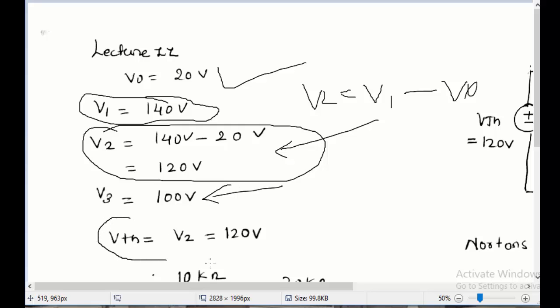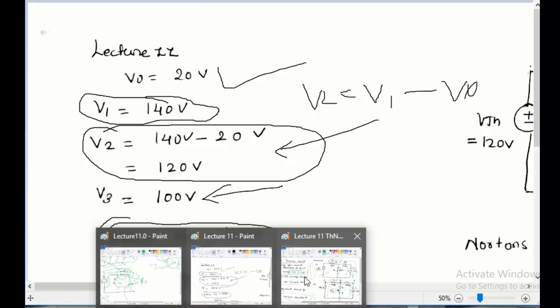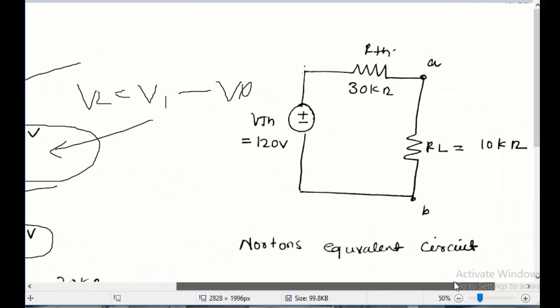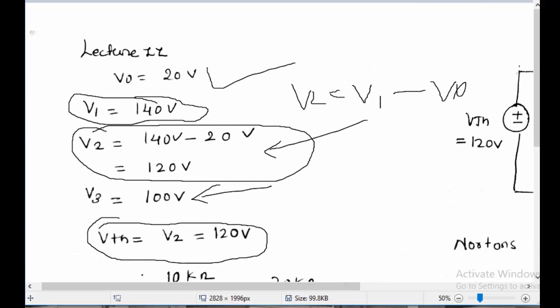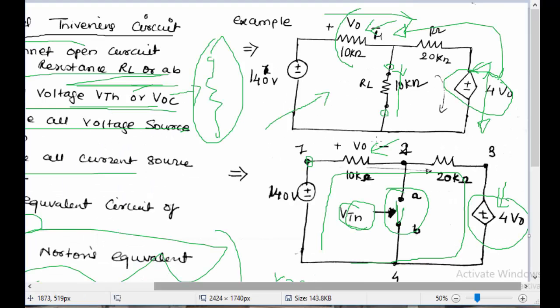V Thevenin is equal to the voltage across the open, as it was in this diagram. The voltage across the open is equal to the voltage across node 2. So you have found out the voltage across node 2, that is V2.